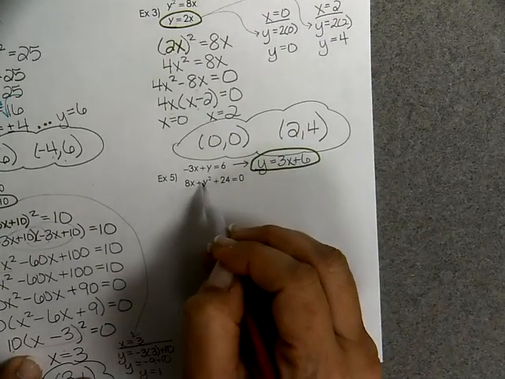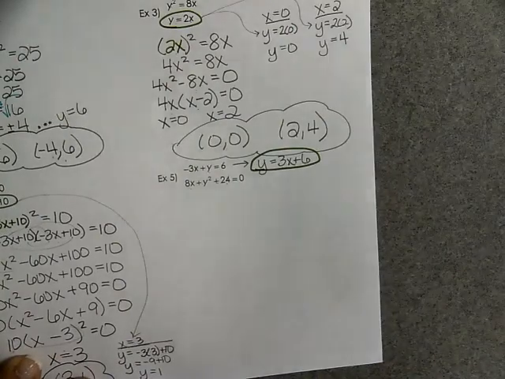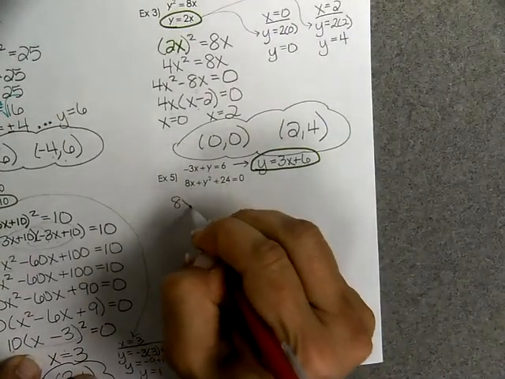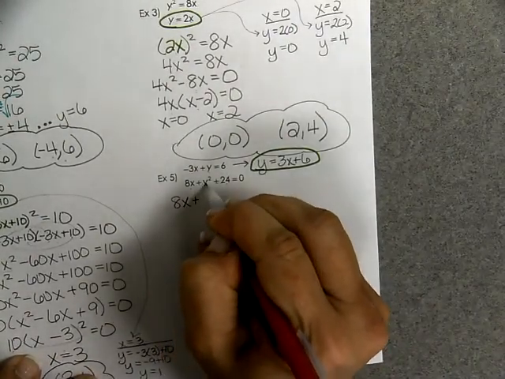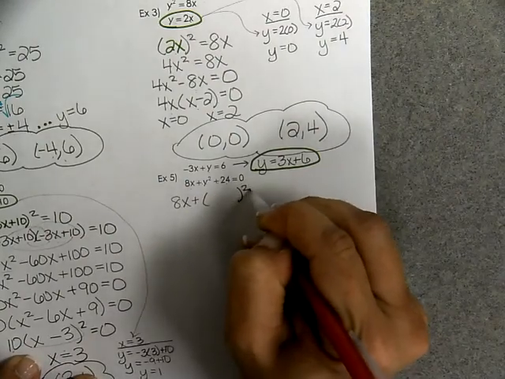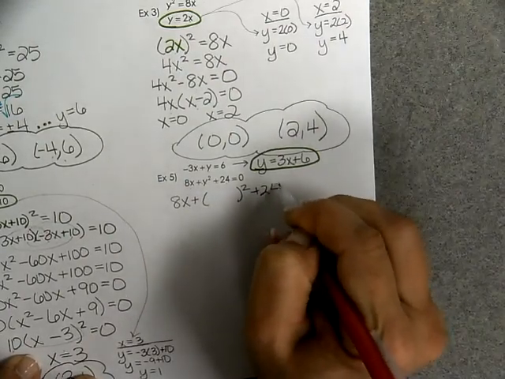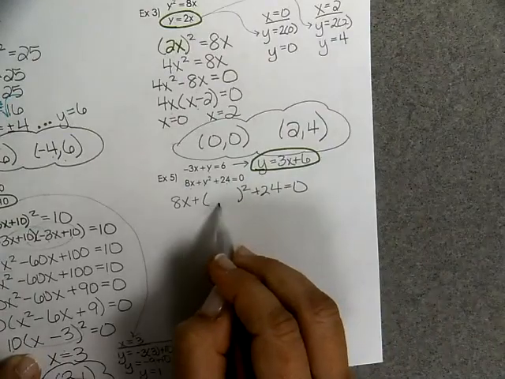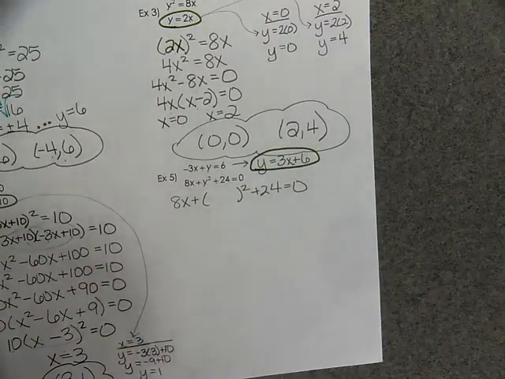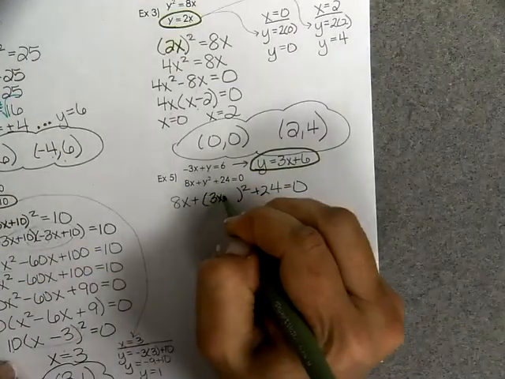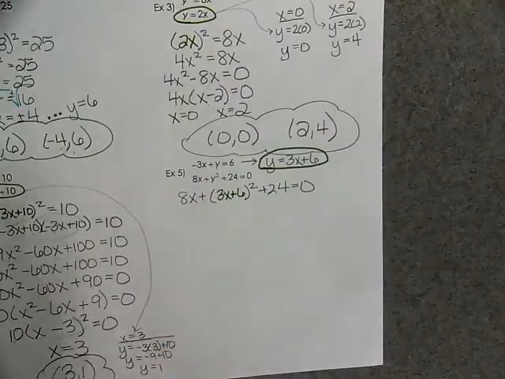I have 8x plus y squared plus 24 equals 0. But we know that y is the same as 3x plus 6.